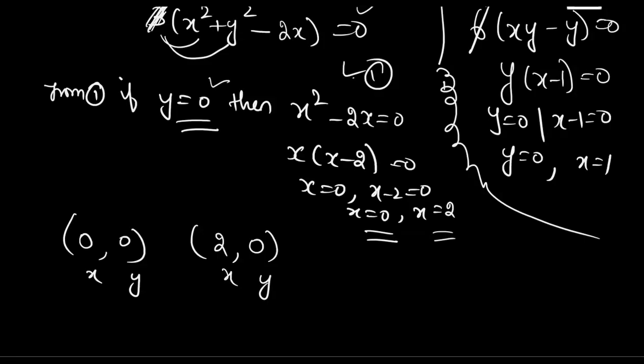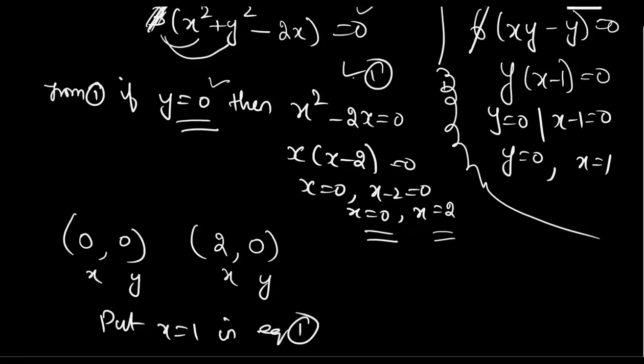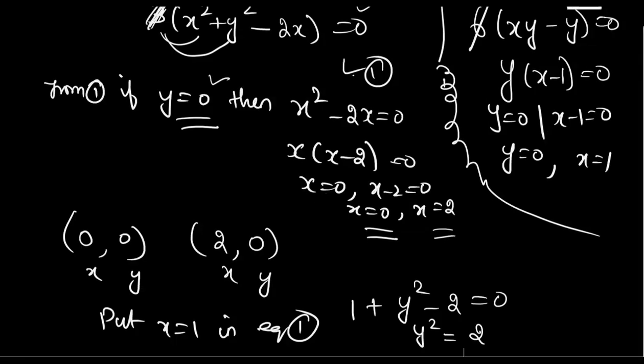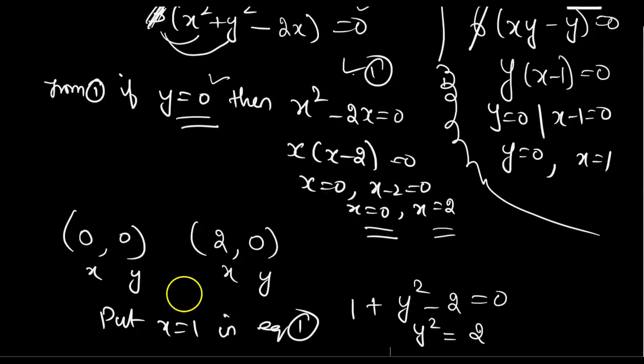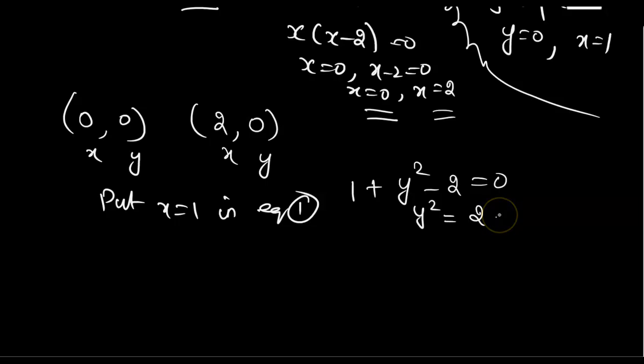Okay. Now I am going to substitute x is equal to 1. Put x is equal to 1 in equation 1. If I substitute x is equal to 1 in this equation, 1 plus y square minus 2 is equal to 0, which implies y square is equal to 2 minus 1, which is 1.